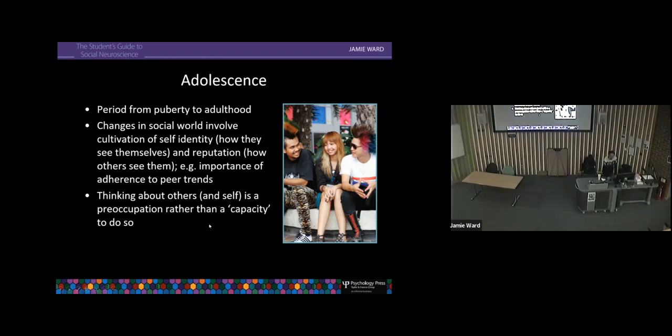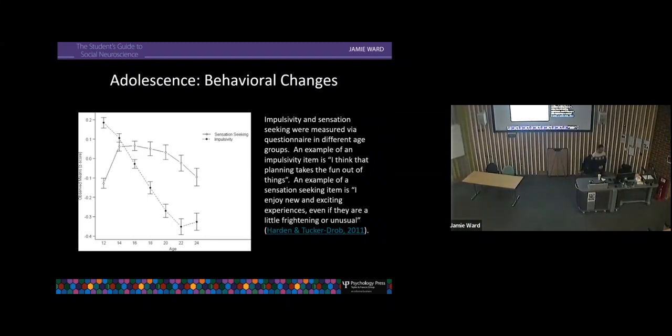And we can think of this as more a motivational stance rather than capacity. It's not that younger children can't think about their reputation. It's just that it doesn't bother them in the same way necessarily. And for whatever reason, in adolescence, it does bother them, whether it's sexual maturity or other reasons we can unpick.